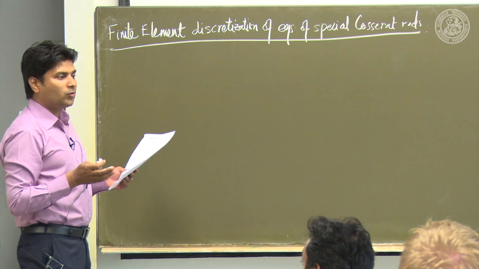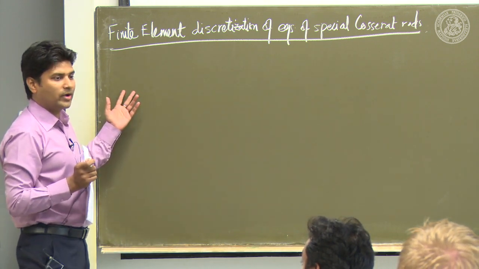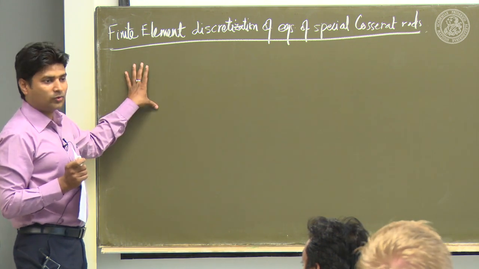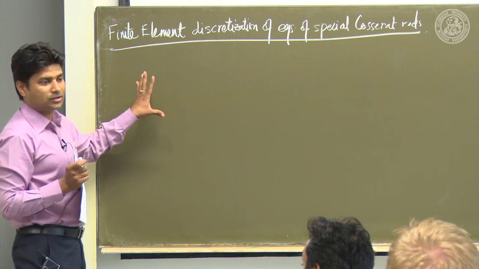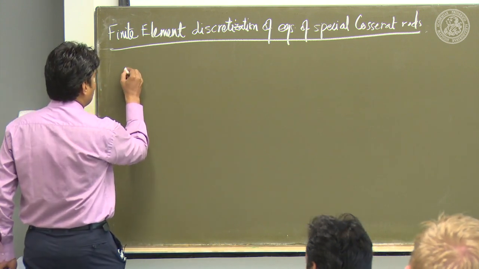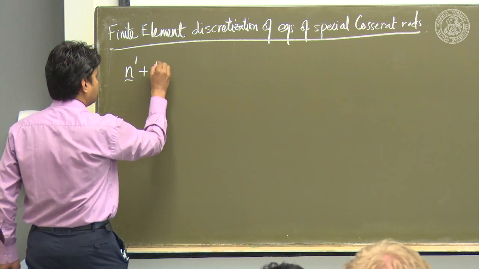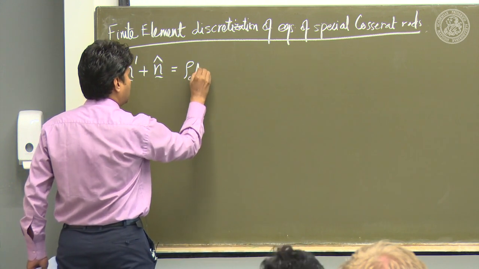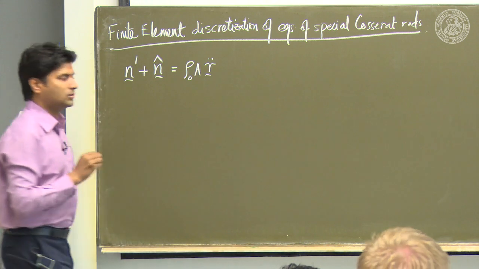So, as you all know, what is the first step when we want to solve anything using FEM, finite element methods? We write down the strong form of the equations and then we derive the weak form of it. So, the strong form of the equations are n prime plus n hat equal to rho naught A little r double dot.